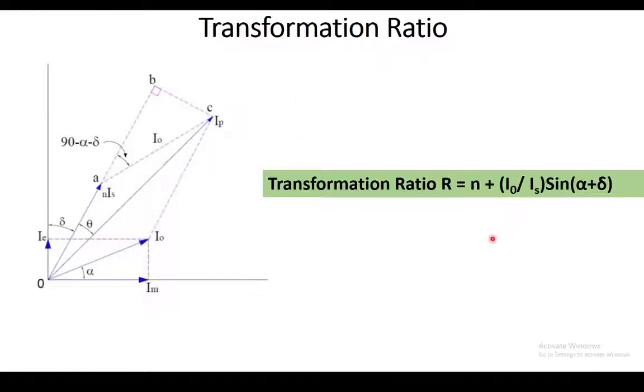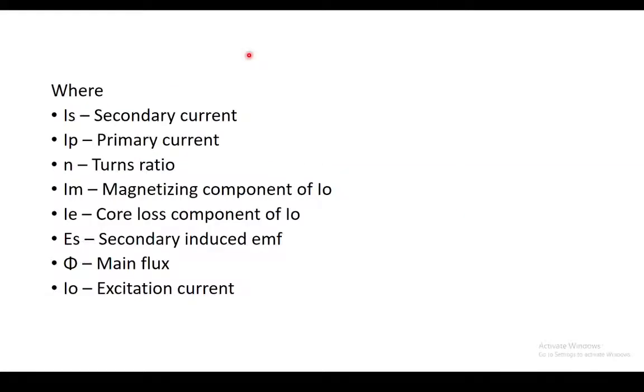Transformation ratio, R is equals to N plus I naught over IS times sine, yung angle niya is alpha plus delta. So that is transformation ratio.